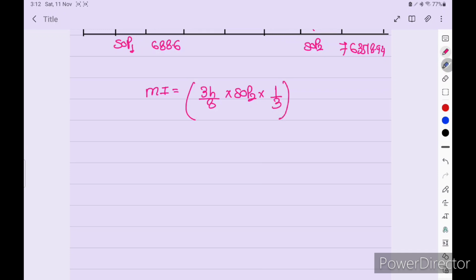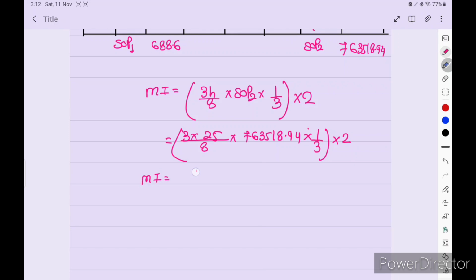And since it is half ordinates we need the full, so multiply by 2. Put the value, h is 25 given in the question, divided by 8 into 76351.894 into 1 by 3 into 2. So we get moment of inertia equal to 4771993.375 m to the power 4.